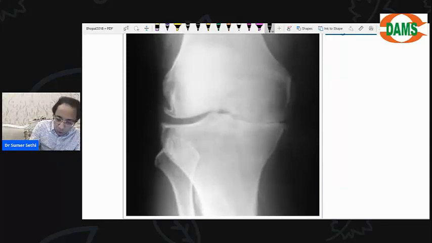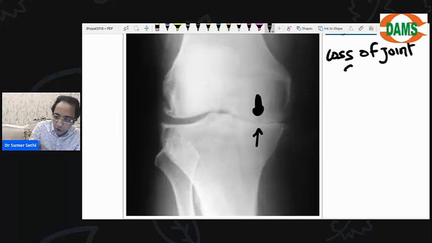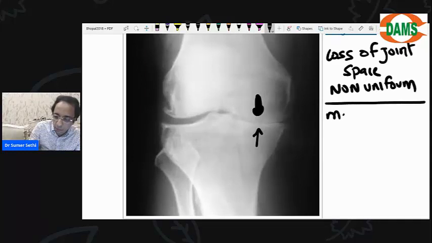So look at this. There is loss of joint space. Uniform ki non-uniform? Beta ji, tell me, do you see loss of joint space? Yes, which is non-uniform. It is more in the medial weight-bearing compartment.